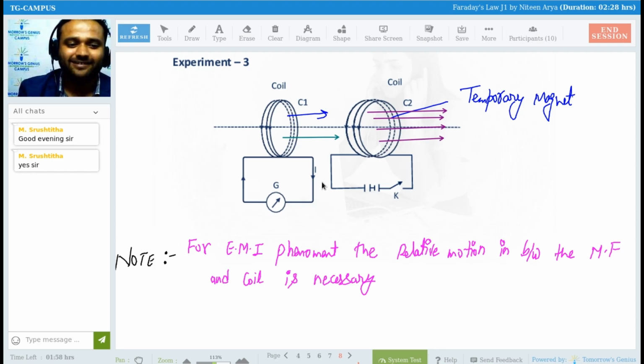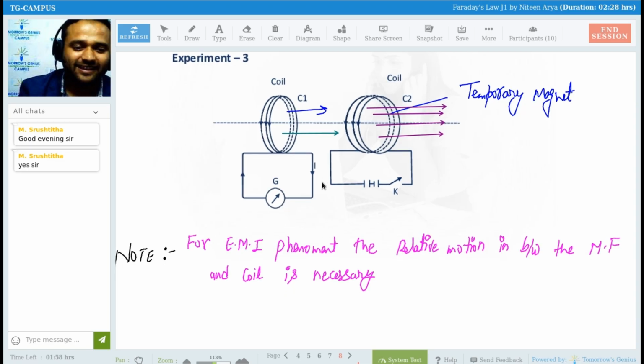Beta, that is the keyboard. Don't worry, I will give you the access sometimes with the pen also. Then you try. I cannot draw that perfectly on the right hand side, but for the left hand side, I don't know what happened, it is going to be perfect. Okay, so that is the note, and we are done with the experiments.